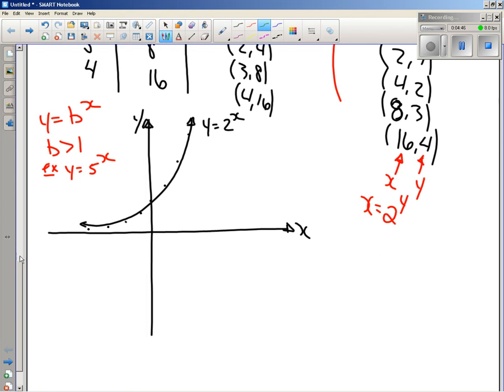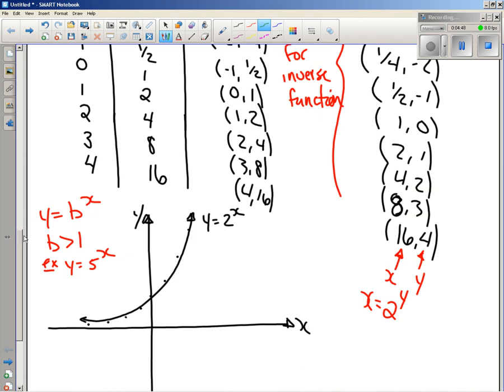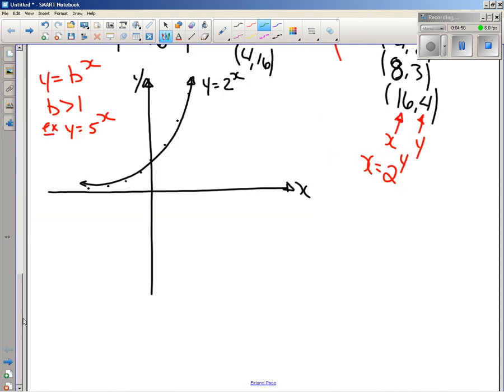We could then go through and put our inverse coordinates on that same grid. So it'll be 1/16 and -4, 1/8 and -3, 1/4 and -2, and so on.